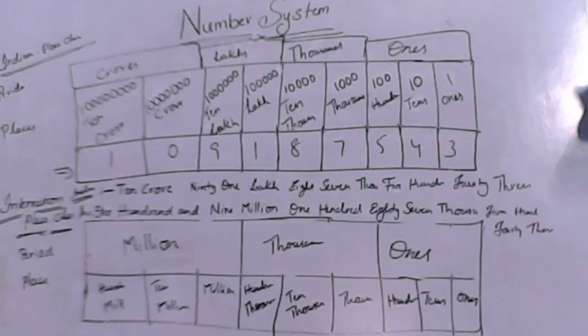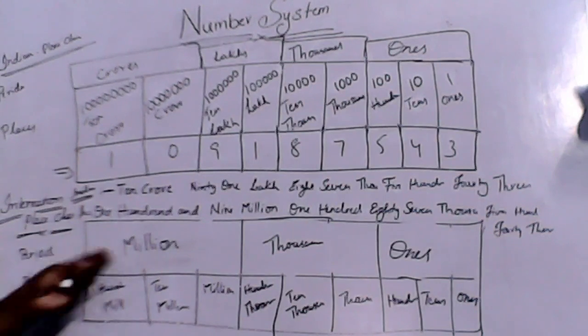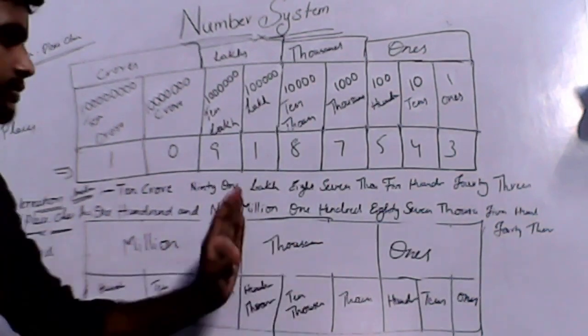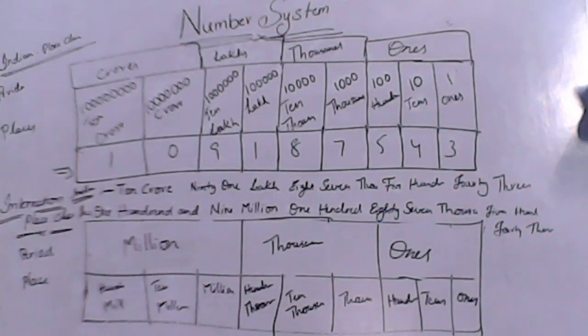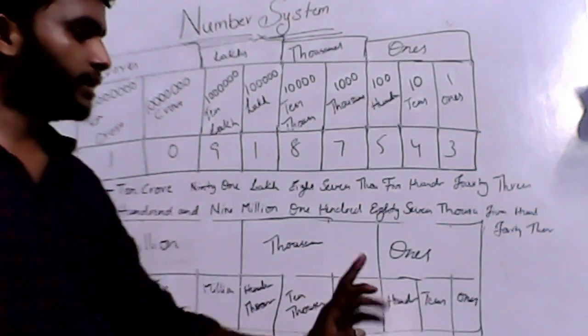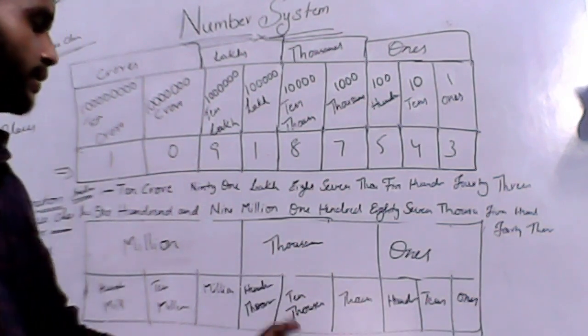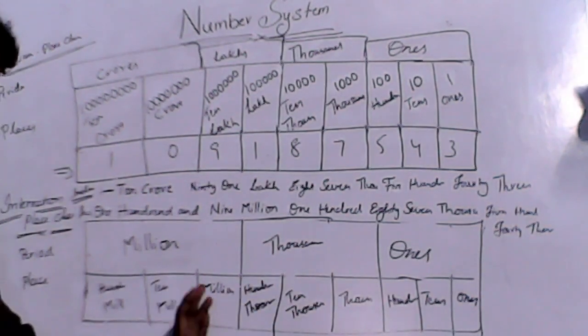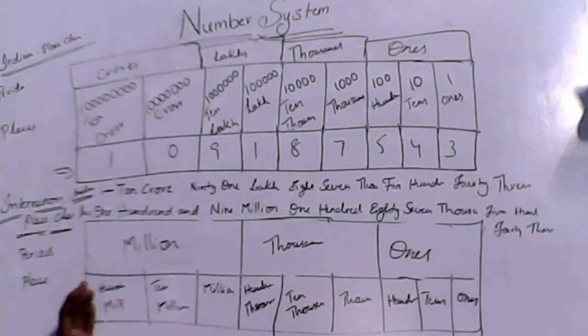And in the international system we have 3 periods: ones, thousands and millions. In these periods we have different places: ones, tens, hundreds, thousands, 10,000, 100,000, million, 10 million and 100 million.